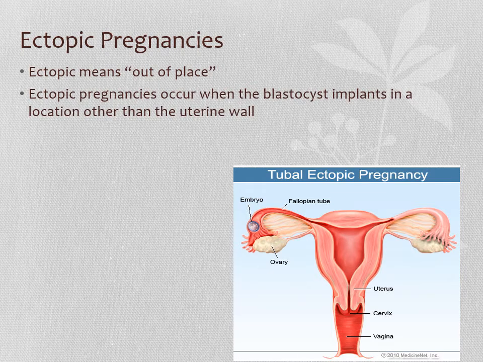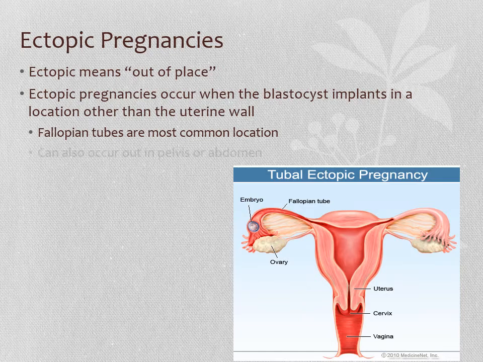The blastocyst is implanting somewhere else, oftentimes because the fimbriae weren't doing their job and pulling the oocyte into the fallopian tube, or once in the fallopian tube, the cilia weren't working well enough to do their whoosh, whoosh, whoosh, to waft the oocyte or fertilized zygote down toward the endometrium. So the fallopian tubes end up being the most common location for an ectopic pregnancy.